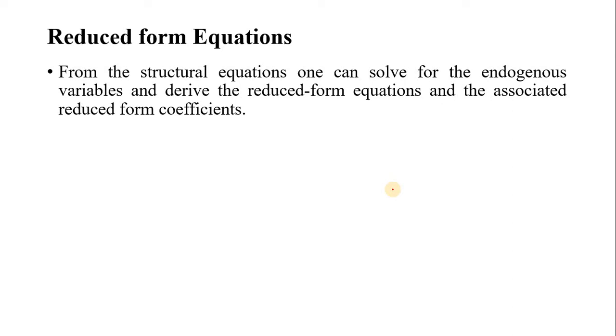Solve for each endogenous variable, then you can derive the reduced form equations. Okay, and from these reduced form equations we can derive the reduced form coefficients. Okay, so what we have to do here, we have to solve this equation for each endogenous variable. What is meant by solve?